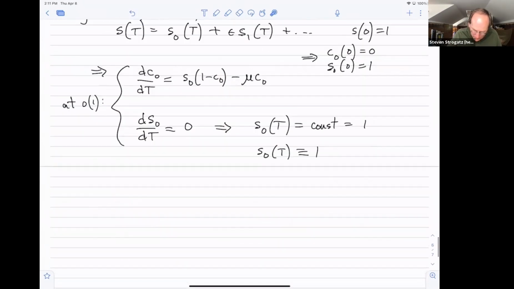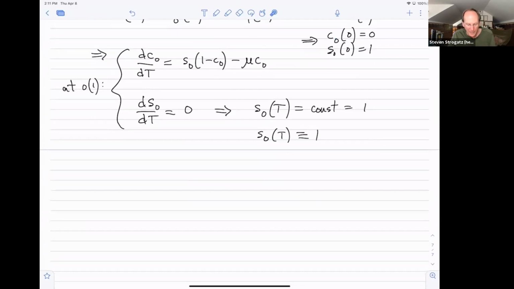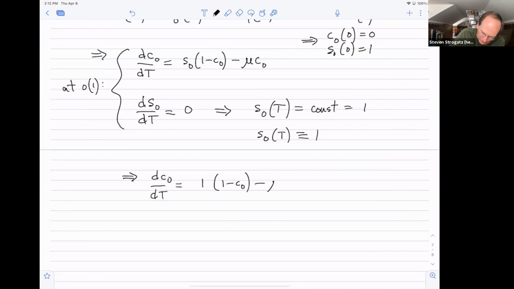But the other equation, now I get to substitute S identically equal to 1, and that lets me calculate C. This gives me dC0/dT is 1 times (1 minus C0) minus mu C0.